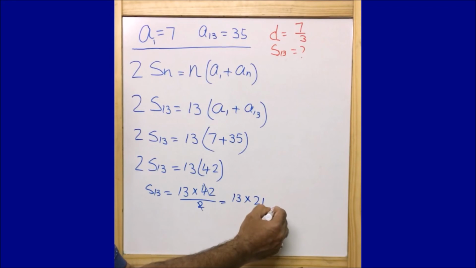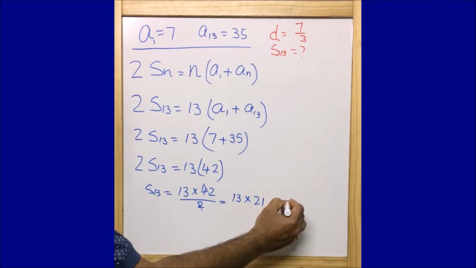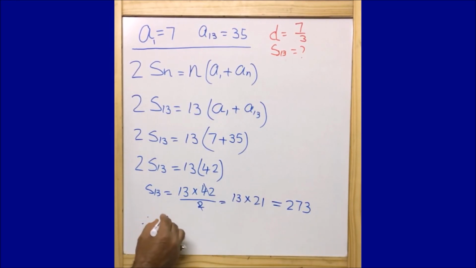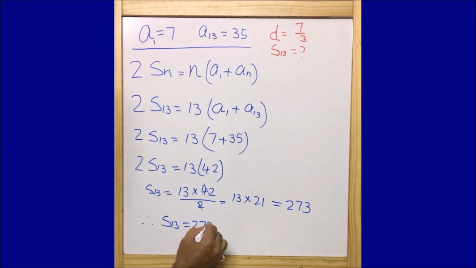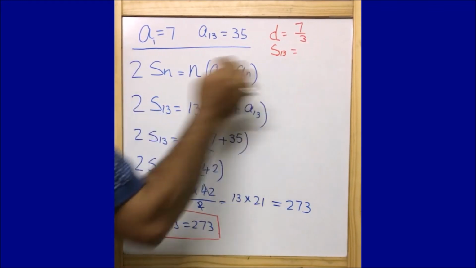Just solving this, 13 ones are 13, 13 2s are 26, so 273. Therefore we found the value of S13 is equal to 273. That's all guys. This is the answer we are looking for.